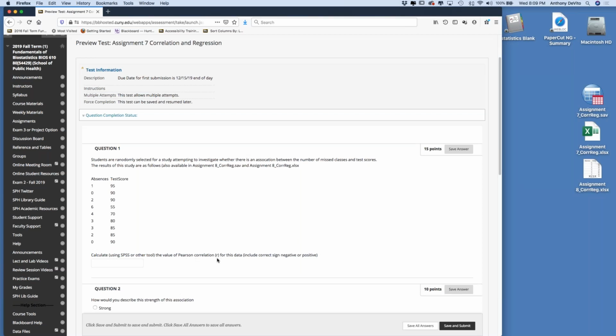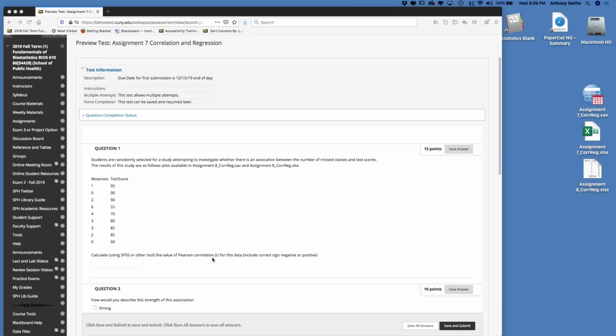Okay, one of the questions on Blackboard was, what is this r? Where did that come from? What does that mean? Well, r is the Pearson's correlation coefficient. That's the number that tells you how strong an association you have between two variables. And interestingly enough, just like all the other variables that we work with, when we talk about the strength of association for the entire population, we use the Greek letter rho.